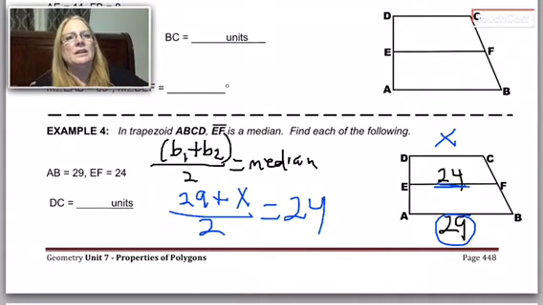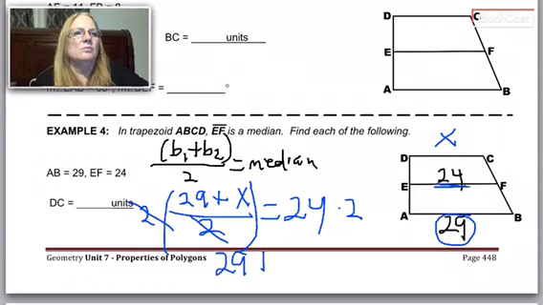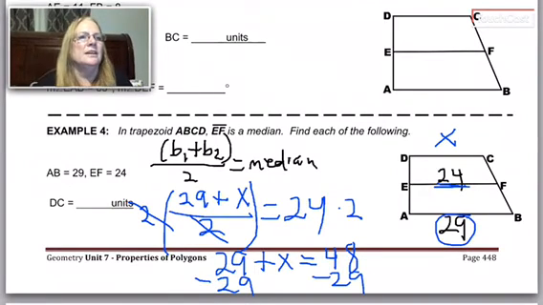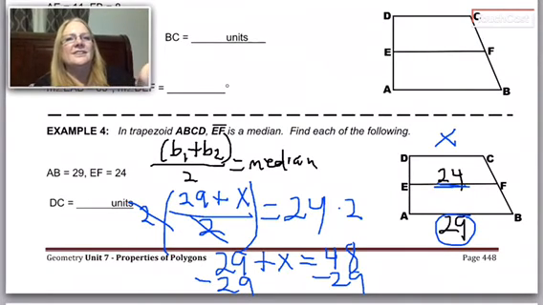Okay, we want to get rid of this division by 2, so we're going to multiply both sides by 2. And we're left with 29 plus x equals 48. So then we just need to subtract 29 from both sides, and x is equal to, is that 19?